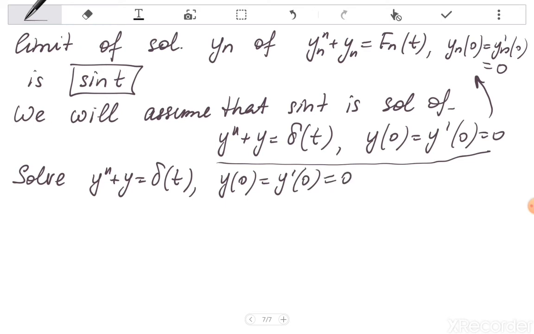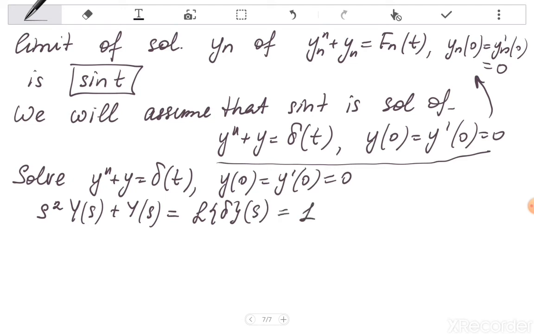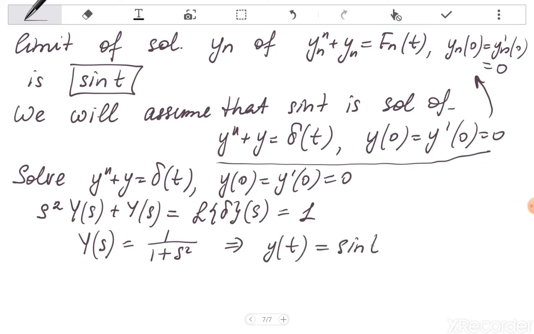Just applying the Laplace transform, let's do this. We get s squared Y(s) plus Y(s), and the Laplace transform of delta, as you remember, is just 1. And so Y(s) is 1 over 1 plus s squared, and so y(t) is just sine t.